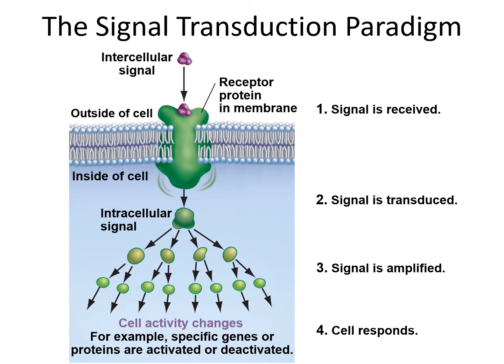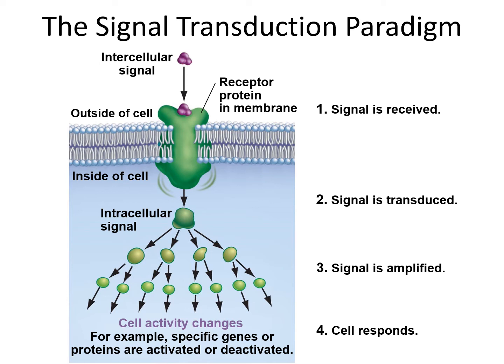Here we see an example of a receptor that's embedded within the membrane. And you can see on the outside we have the site where the signal molecule is going to bind, and that's going to change the shape of the other side of the protein, the bit that sticks into the cytosol. Quite often, the cytosolic portion has an active site, and it's catalytic. It acts as an enzyme.